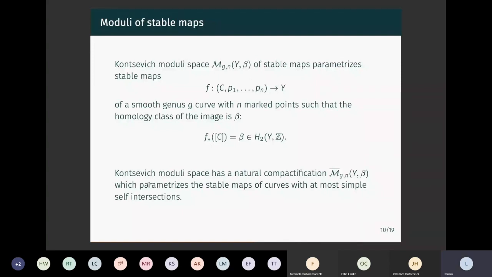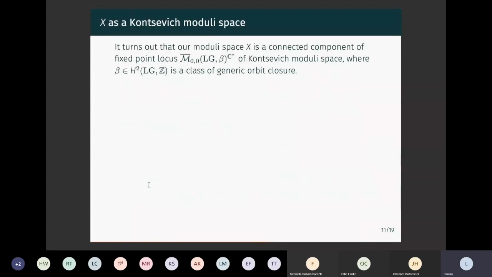Okay. So it turns out that we can realize our space X as a connected component of the fixed point locus of the moduli space of stable maps to the Lagrangian Grassmannian, where we fix the class beta to be the class of a generic orbit closure.